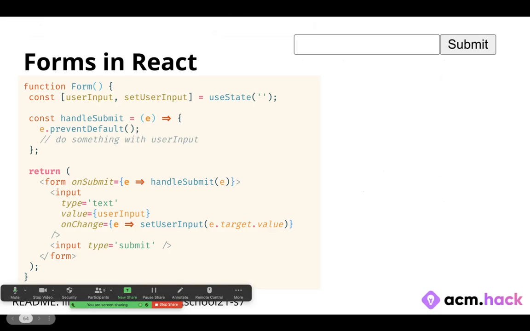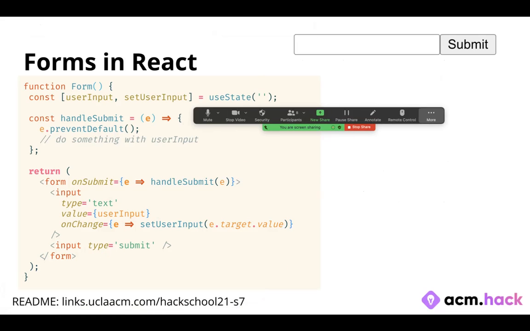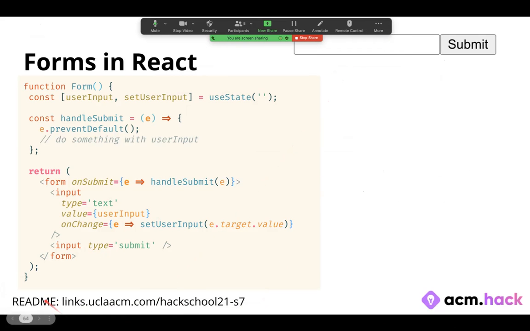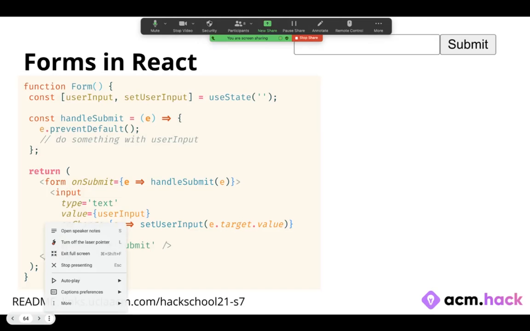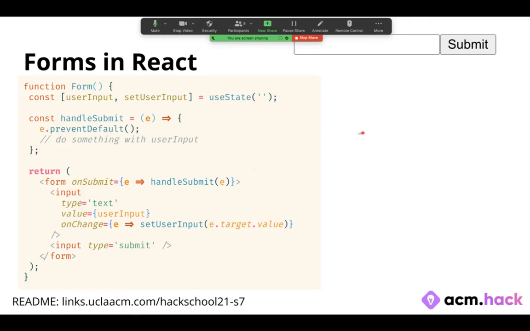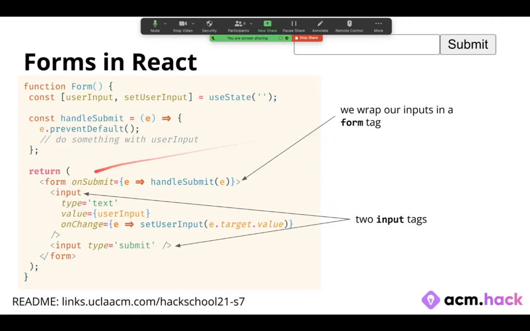So let's take a look at this code snippet that I have here. Okay, so I've pretty much implemented here a form component, and let's break it down into different pieces because this is kind of a lot. First of all, this return should look more or less familiar.